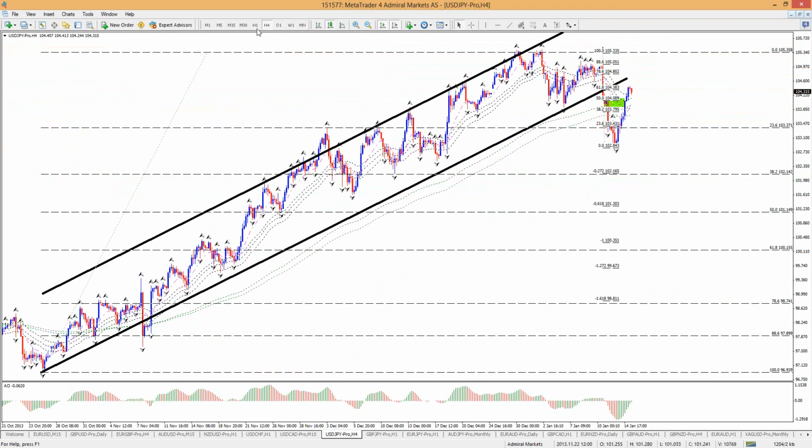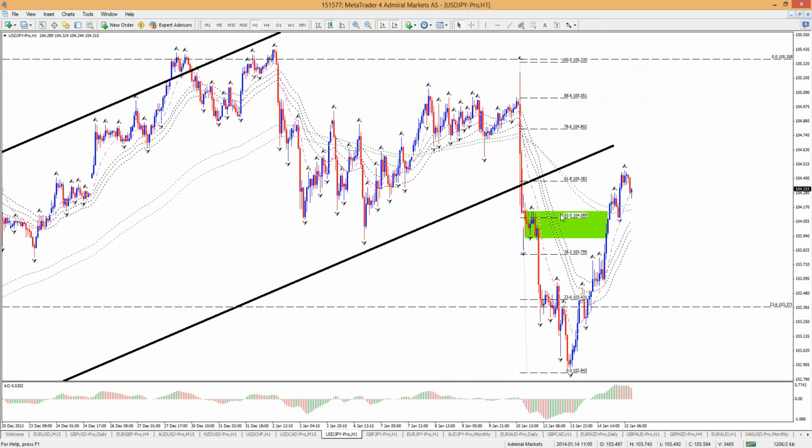Let's take a look at the hourly. Wow, this supply demand zone, as I said yesterday, those could be tricky and difficult things if you use those zones in the opposite direction of the trend, because then the trend can push through it. I am not really interested in the dollar yen today.